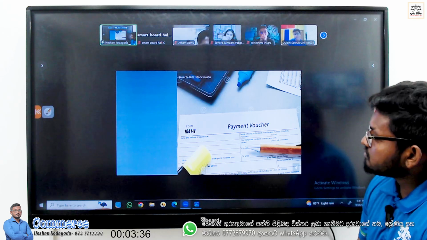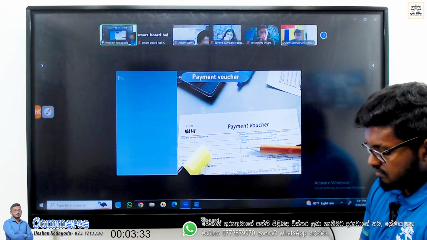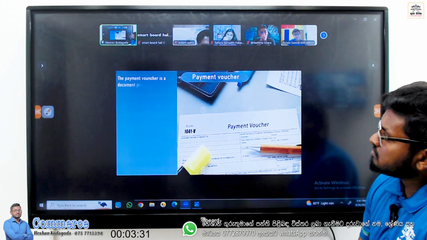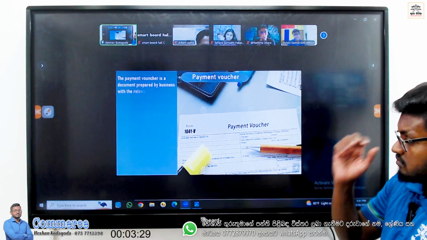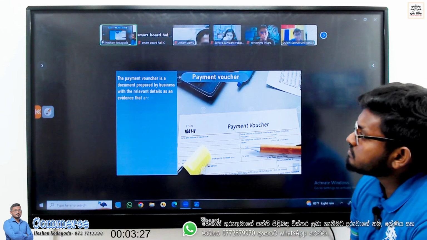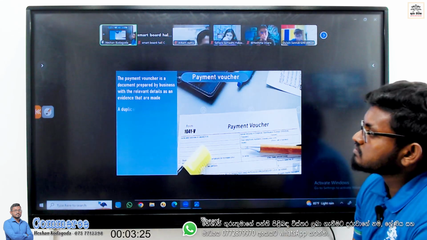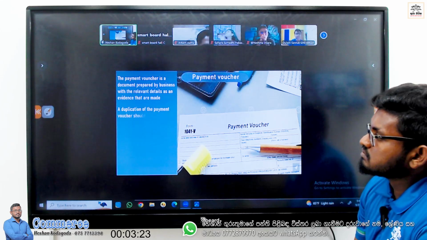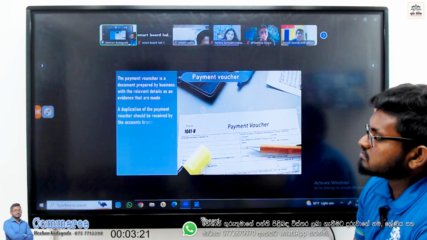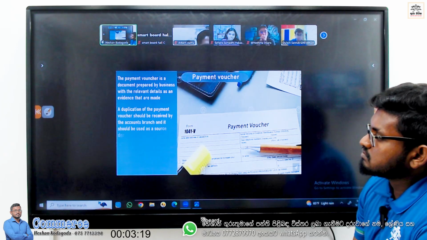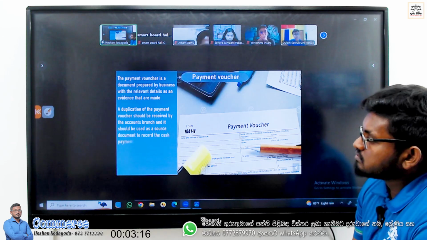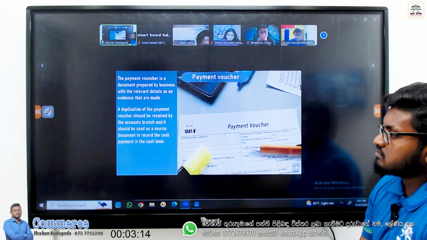If we speak about the payment voucher, it is a document prepared by the business with the relevant details as evidence that payments are made. A duplicate of the payment voucher should be received by the accounts branch and it should be used as a source document to record the cash payment in the cash book.